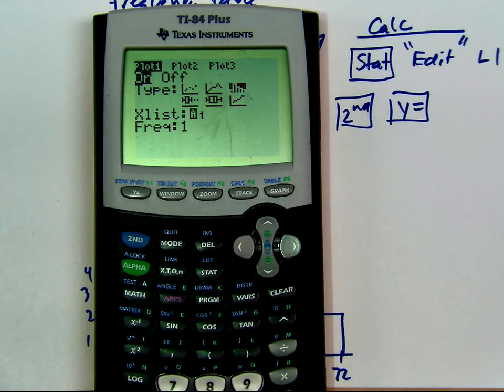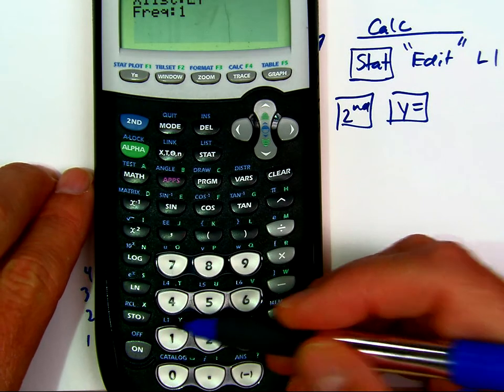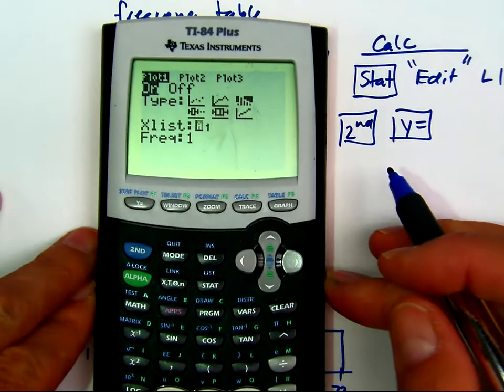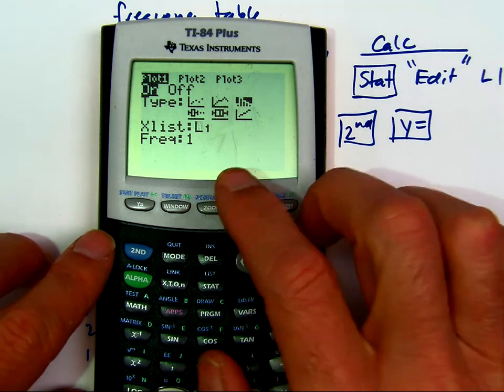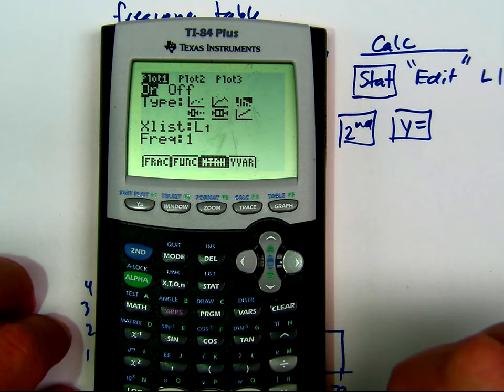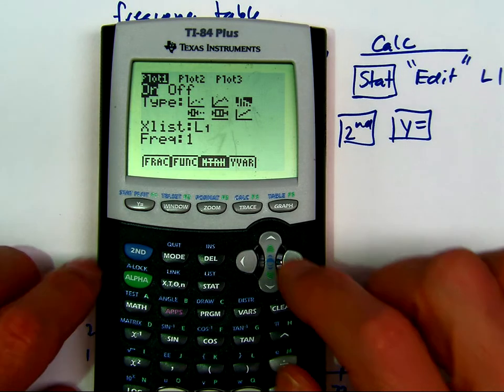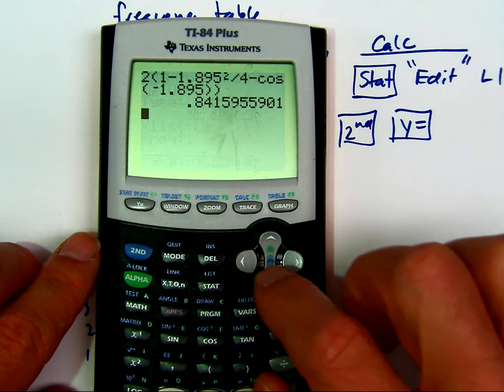Second 1 is L1, right there. And to get a graph, we can just do zoom 9. Alright, let's not do that yet. Let's go to quit and then zoom 9.